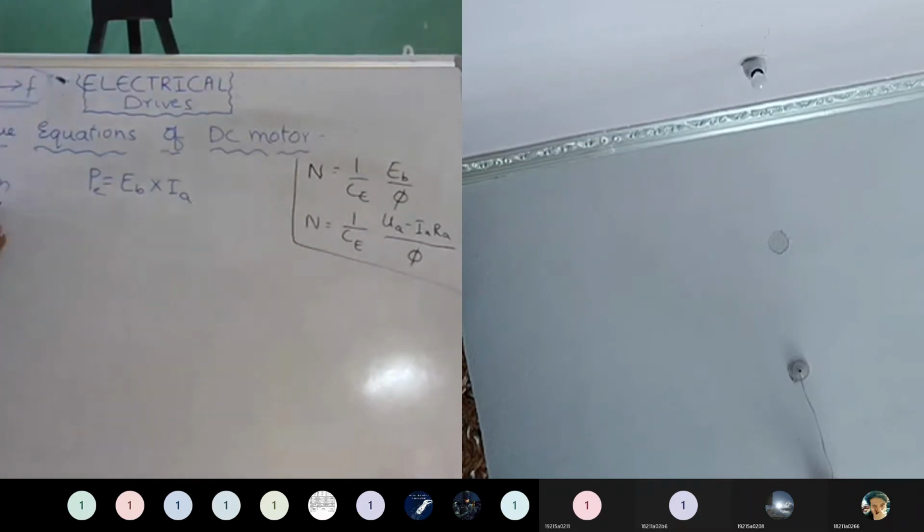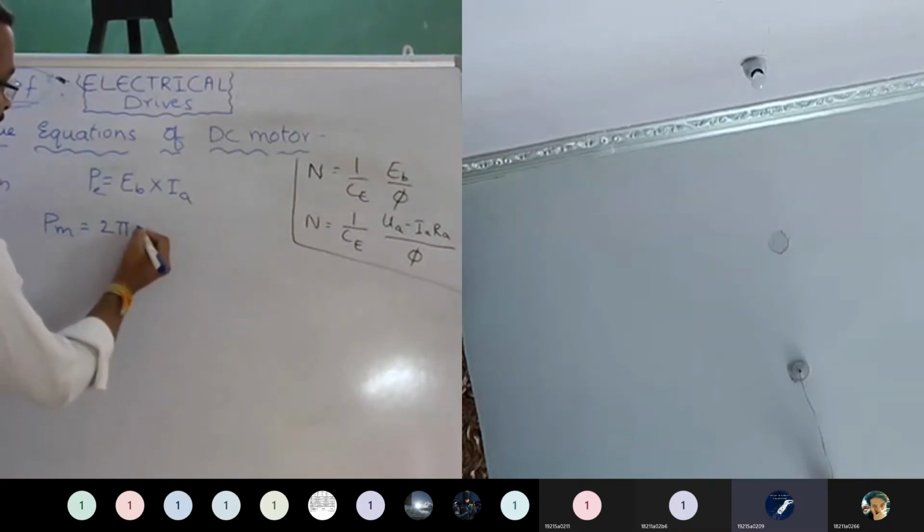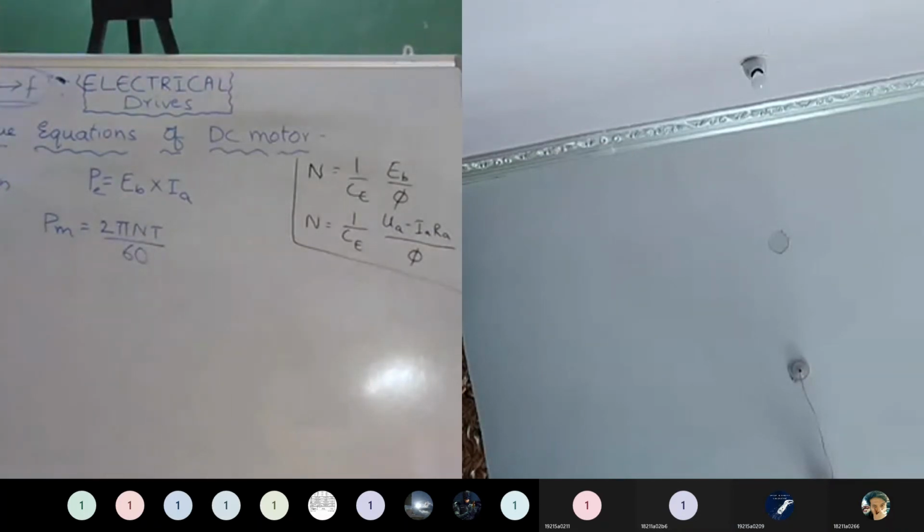Now coming to the mechanical power. What is the formula for mechanical power? Anybody? 2 pi NT by 60. Yes, 2 pi NT by 60. Again a formula.